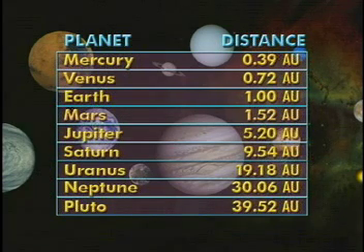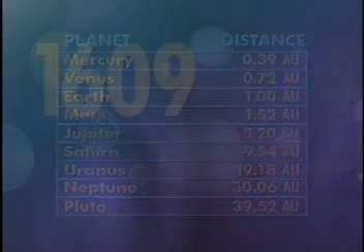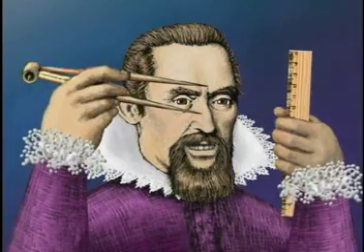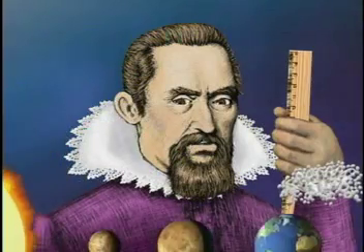Believe it or not, astronomers once knew only what the distances were in astronomical units, not in actual miles. Recall the following chart that shows the distances of the planets to the Sun. Between 1609 and 1619, the astronomer Johannes Kepler used precise measurements of the planets in the sky to determine their orbits.